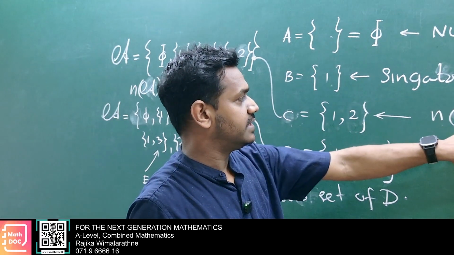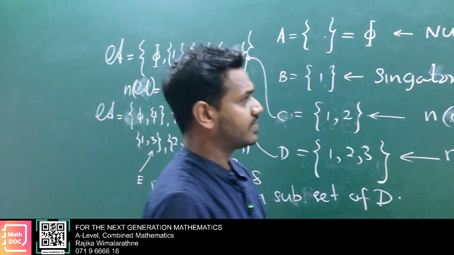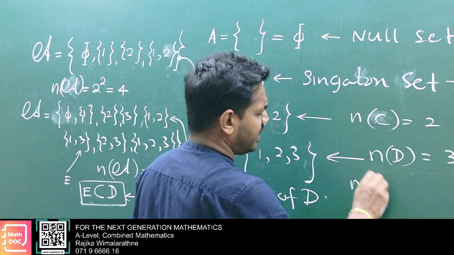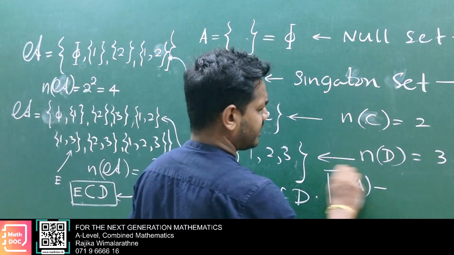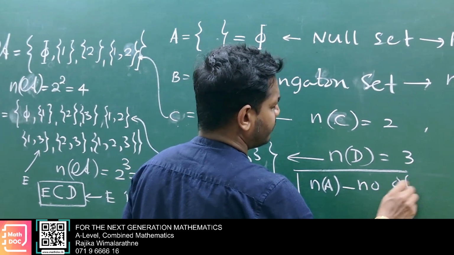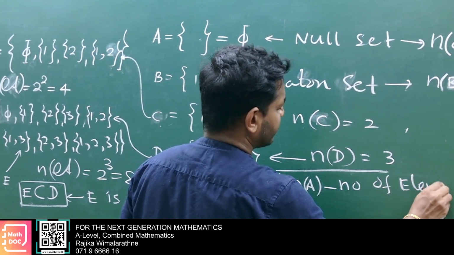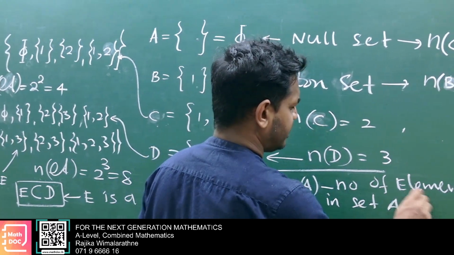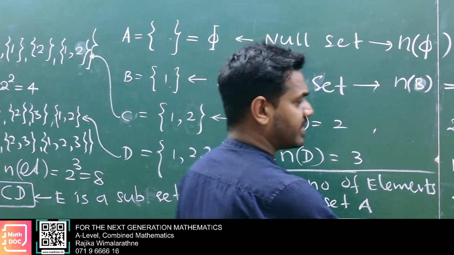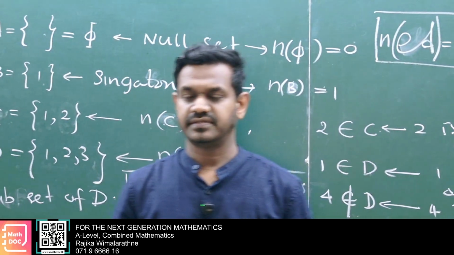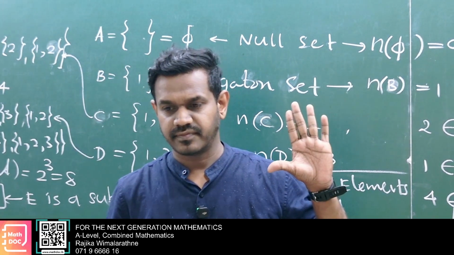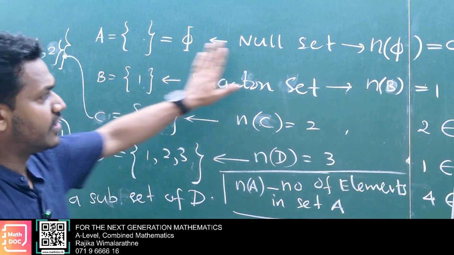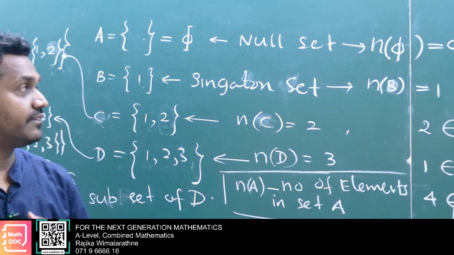Here n(C) is the number of elements in C. Then n(A) represents the number of elements in set A. Just write one by one; first write by the side these examples with notations.